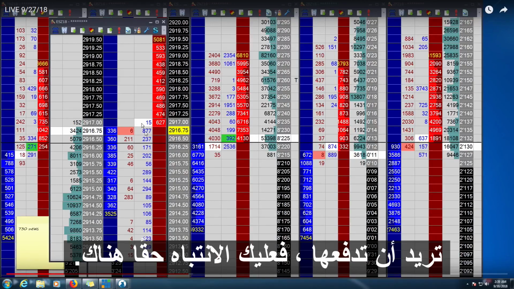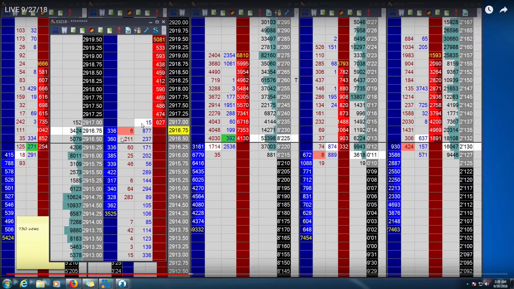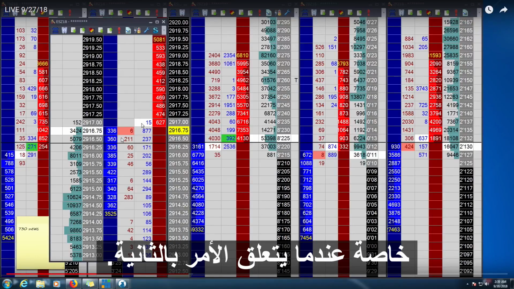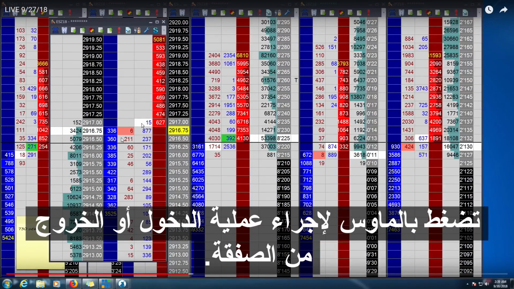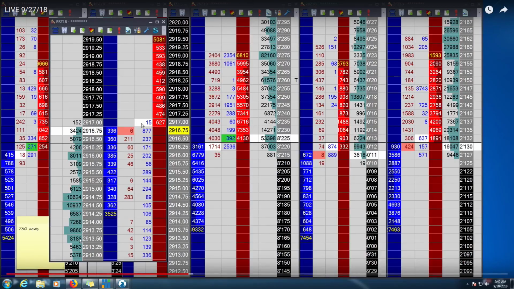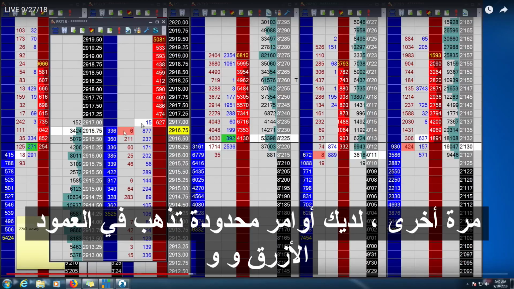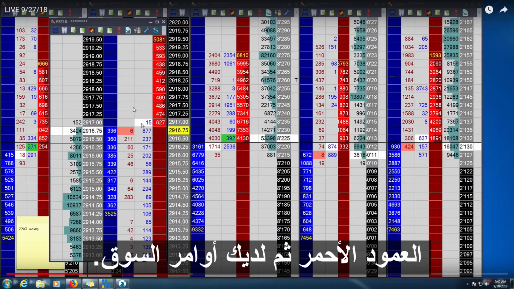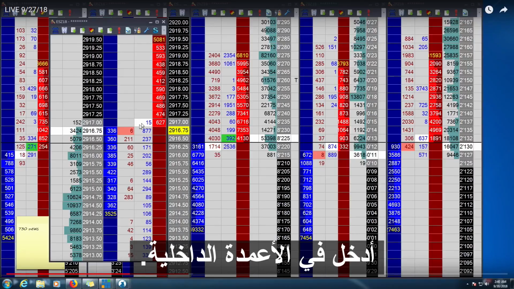You want to really pay attention there, especially when it comes down to the second you click your mouse to make the entry or the exit on the trade. So again, you have limit orders, which go in the blue column and the red column, and then you have market orders that go in on the inside columns.